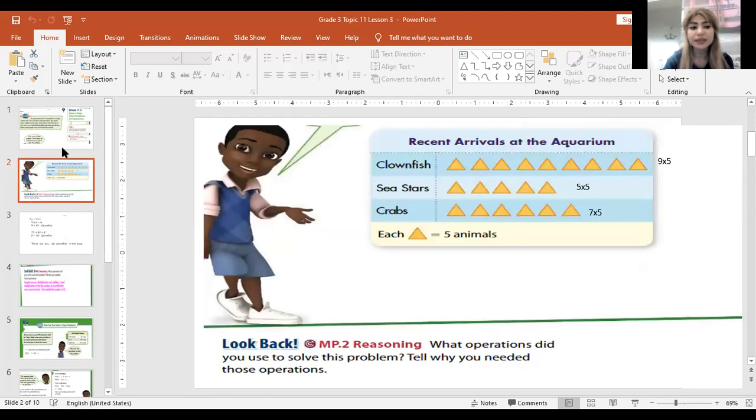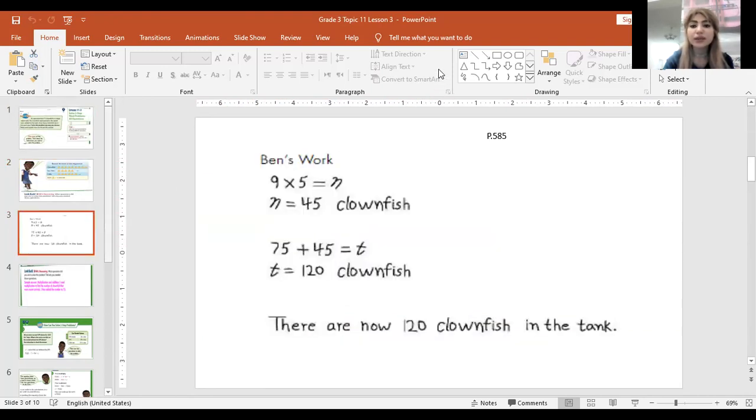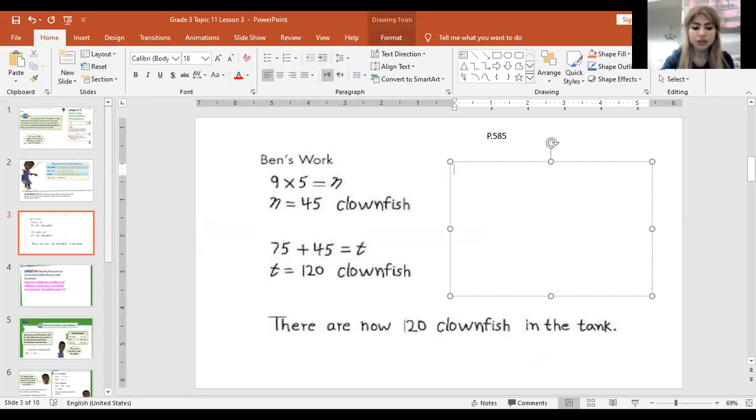But in any word problem that has multiplication and addition, what do I do first? I do the multiplication first. If I have multiplication and addition, I will do first the multiplication.